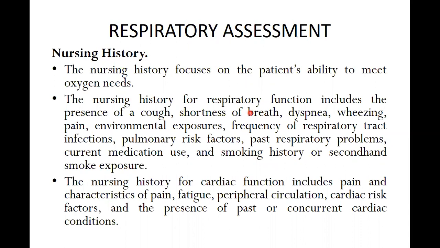Because you've covered history taking separately, we'll not spend time on this one. So you can read through the notes on the nature of history that you must collect when you are suspecting a respiratory disorder. Basically, you want to just assess for risk factors.